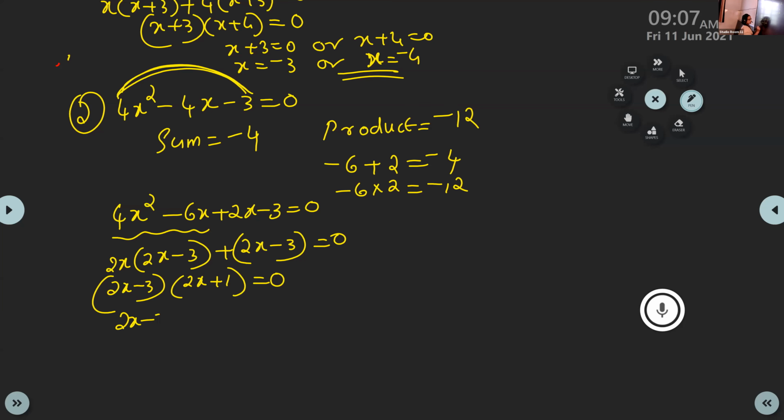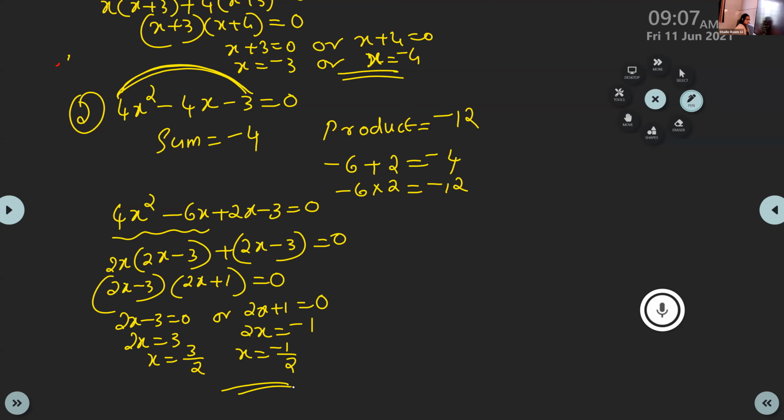So 2x minus 3 equal to 0 or 2x plus 1 equal to 0. So 2x equal to 3, 2x equal to minus 1. x equal to 3 by 2 and x equal to minus 1 by 2.